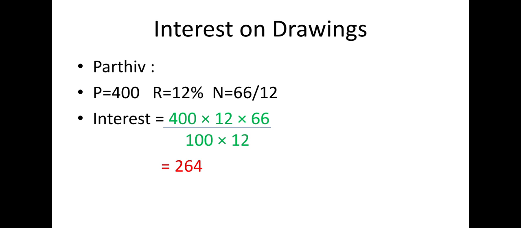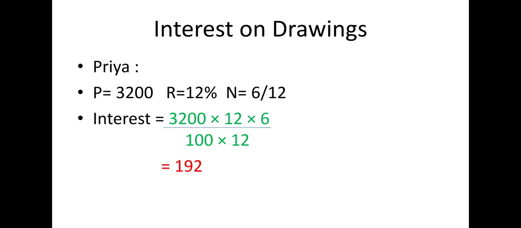In partnership short sums we have seen that if a partner withdraws every month at the end of the month, first what will the principal amount be? Principal amount will be 400 because every month he is withdrawing 400. Then rate of interest is 12% and n is 66 by 12. So if you count, his interest will be 264.